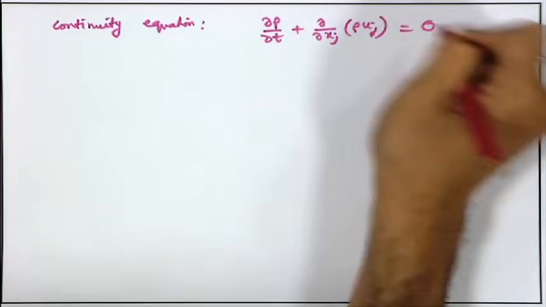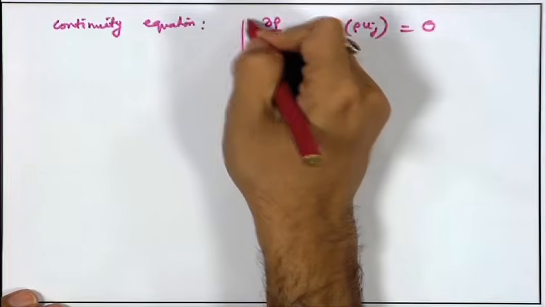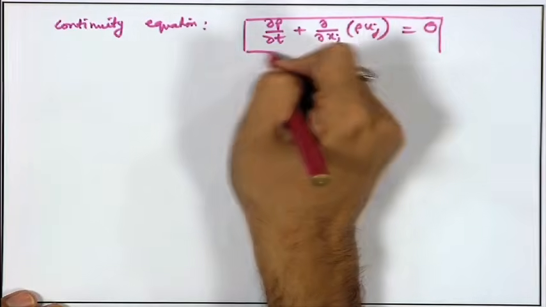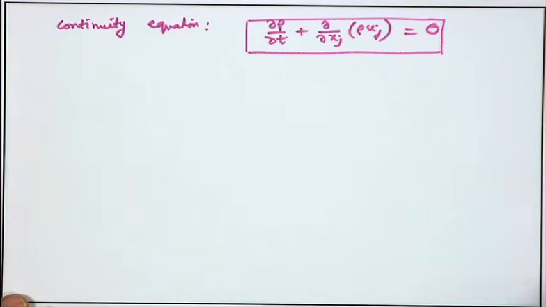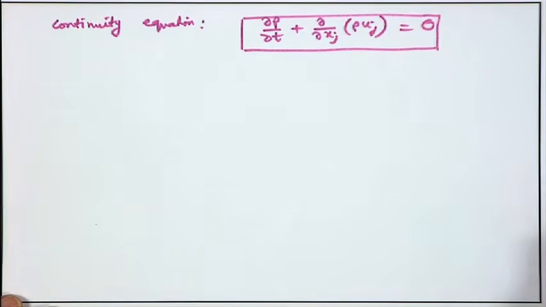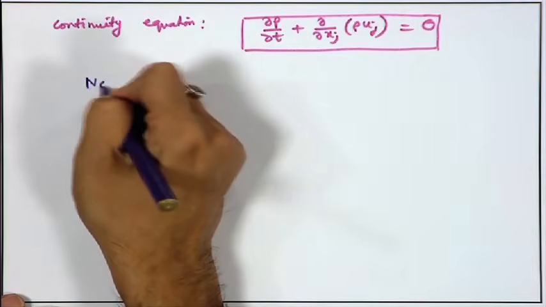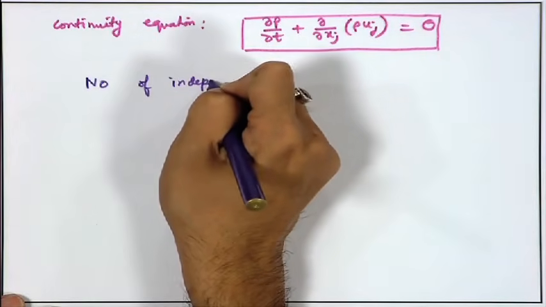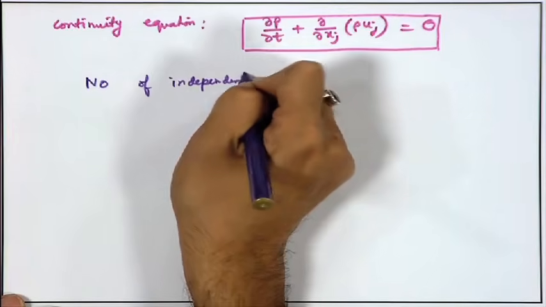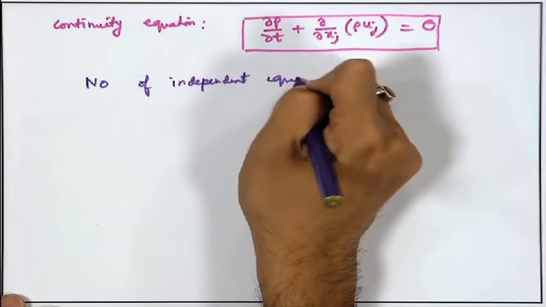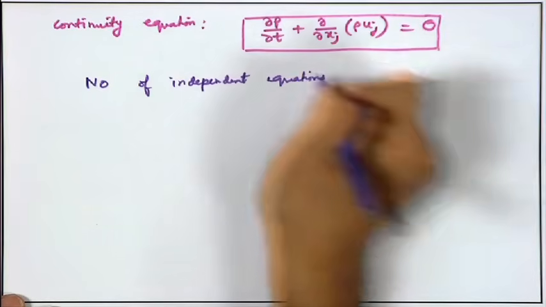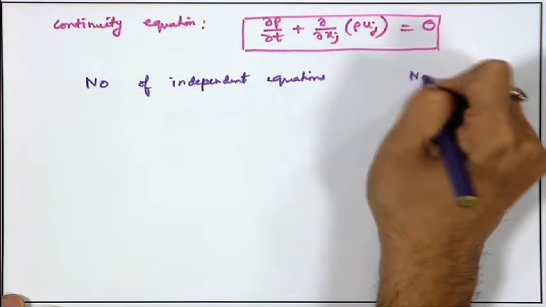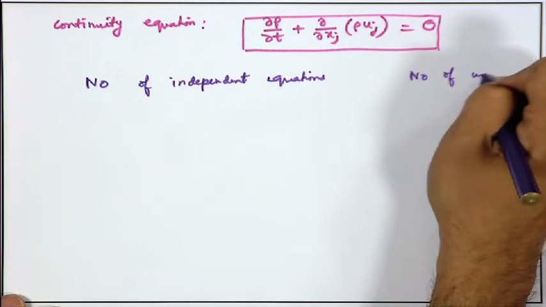This is the continuity equation in the index notation. So, now let us check the number of independent equations and number of unknowns.